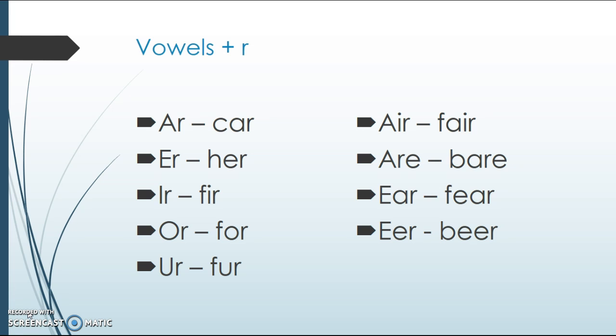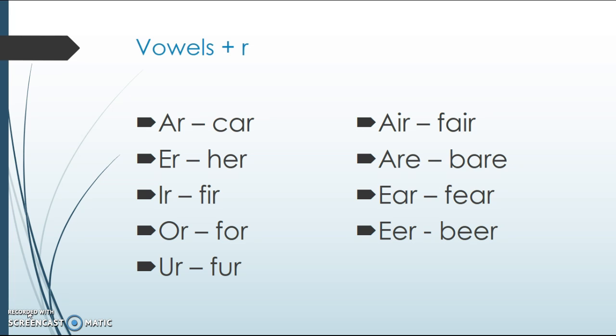Up to this point, we've been focusing just on long and short vowel sounds, but at this point, students should be comfortable with those, and so we're going to bring in the idea that adding an R makes the vowels sound a little differently.